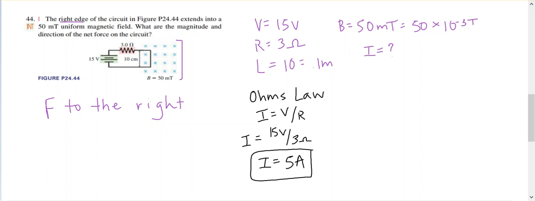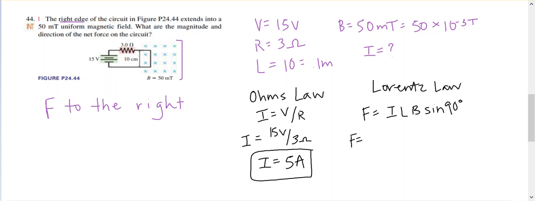Okay. Now if we remember, Lorentz law states that the force is equal to the current, which we just found, times the length of the wire we're given, times the B field magnitude we're given, times sine theta. And of course, as we explained earlier, the angle is 90 degrees because they're intersecting perpendicularly in this case. So from here on, you just plug in your values.